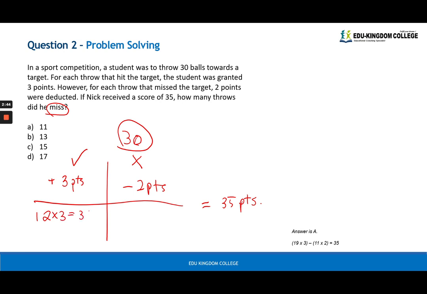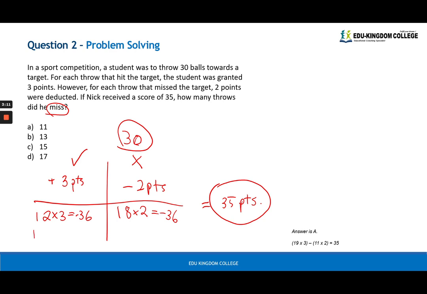If I have 12 from 30, that leaves 18. 18 times 2 would be 36. So actually I'll be left with 0 points, and that is far from what we want. So what I realized from guess and checking is that I'll need a lot more of our 30 balls to be in than out to receive a score of 35.